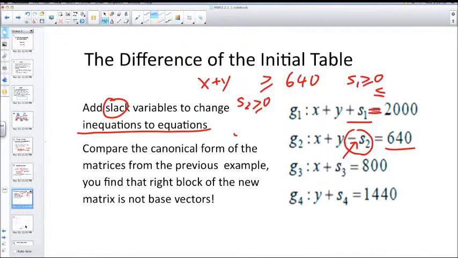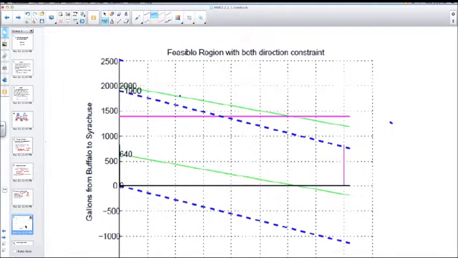Because the question is so simple, we can draw a graphic solution again. Let's identify the 4 equations. One is the G1, this line: x plus y less than 2000.